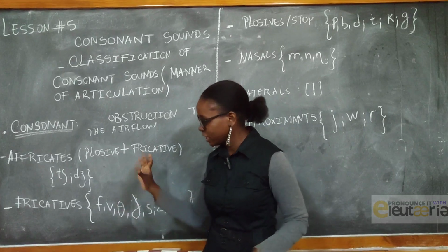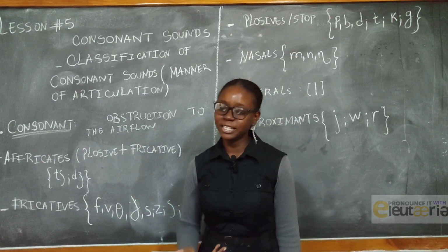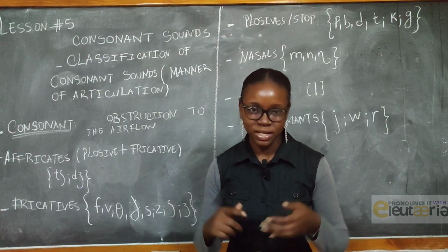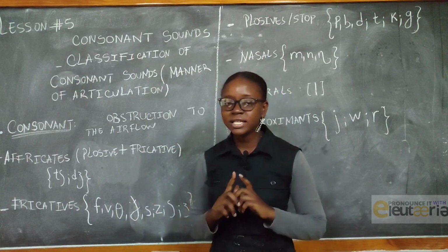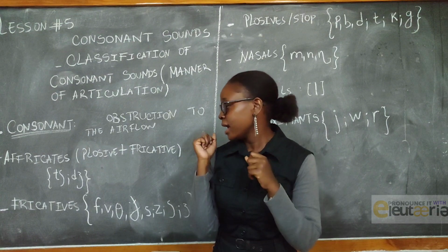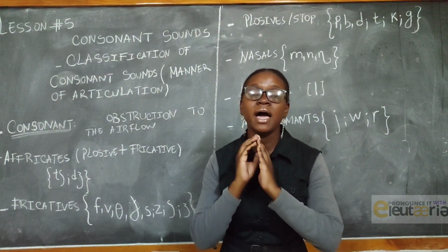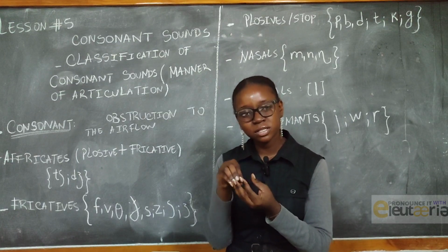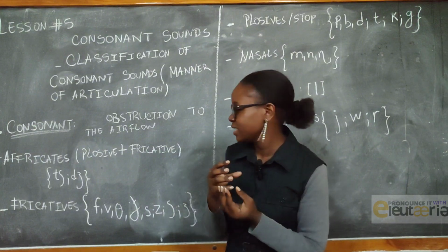Plosive because they begin with a blocking of the airstream in our mouth. We block the air, but then we release it, creating a narrow opening in our mouth and releasing the airflow, which is going to cause a friction effect.